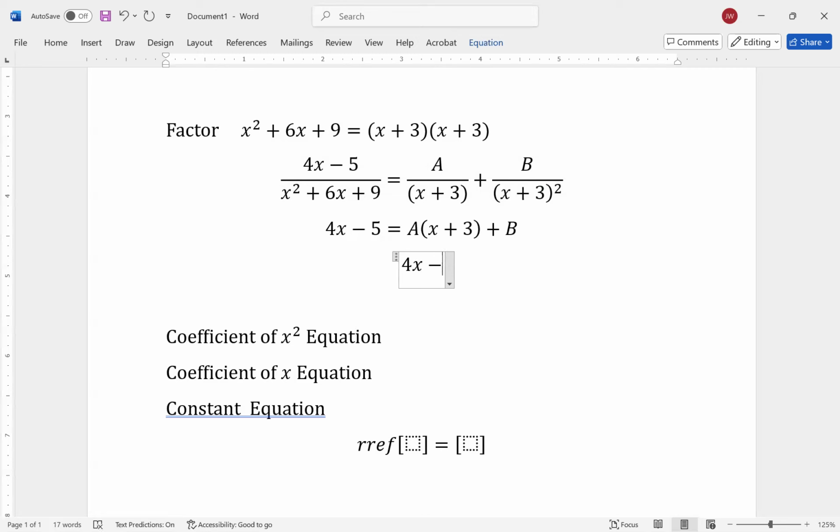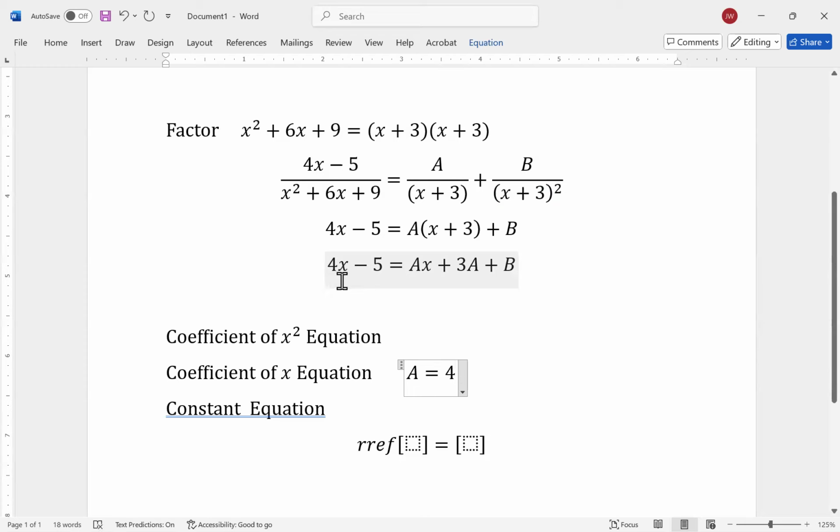Numerators, therefore, have to be equal. 4x minus 5 has to be equal to Ax plus 3A plus B. There's no x squared equation, but there is an x equation. In this case, notice that there's only one term with an x on the right-hand side, that's Ax, and one term with an x on the left-hand side, that's 4x.